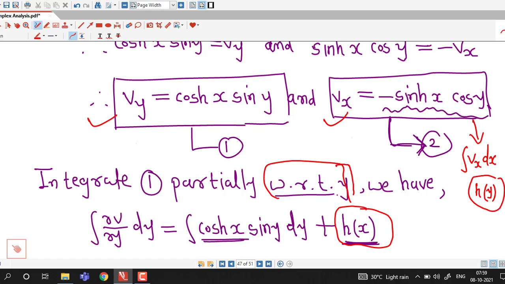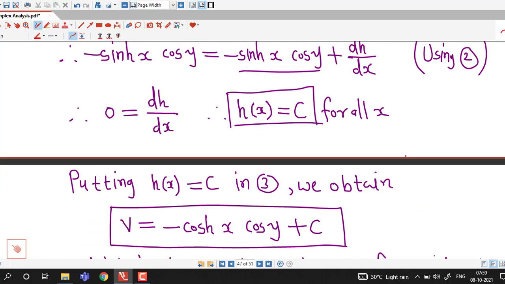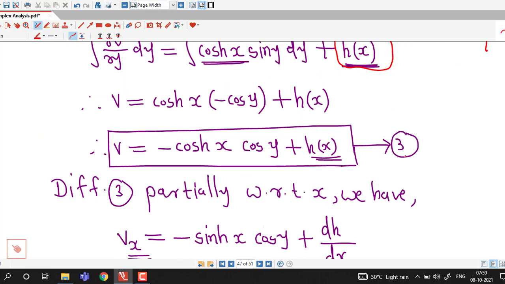So if I am using equation number 2, then I will integrate with respect to x partially, and I will put the constant of integration as a function of y. So you can use equation number 2 also as you wish. Finally your answer will be the same, either we integrate with respect to x or with respect to y.